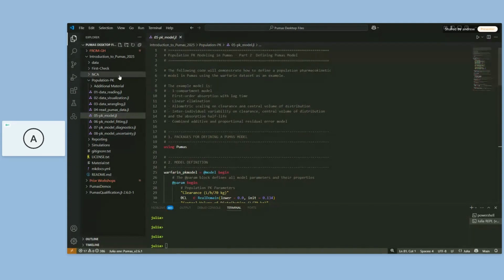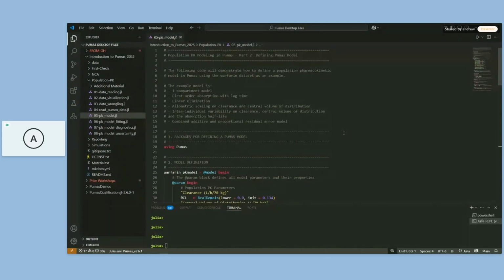And again, today we are going to be working in this population PK folder. And to piggyback off of what you started to learn with VJ, I'm going to jump into our model definition first. And for this, again, we're using this warfarin-based PK model.